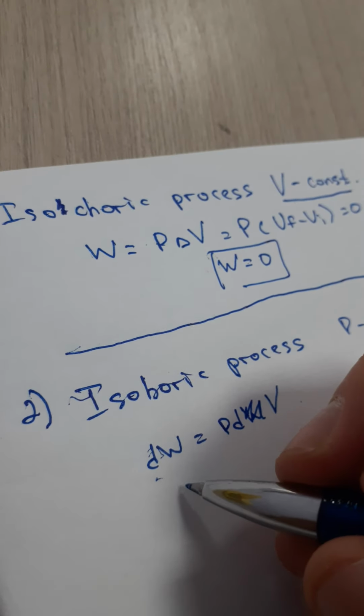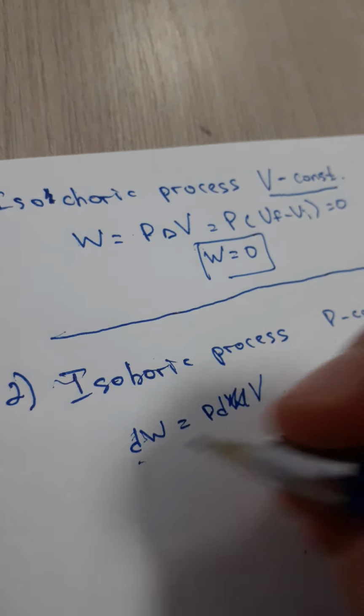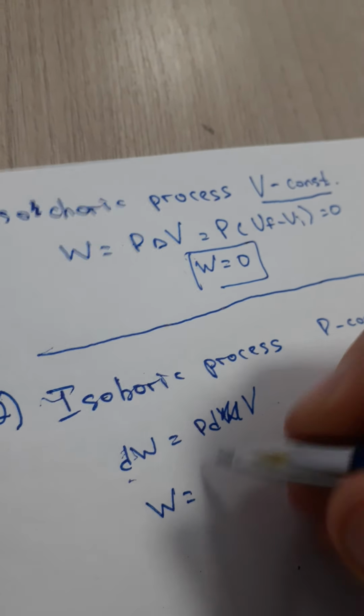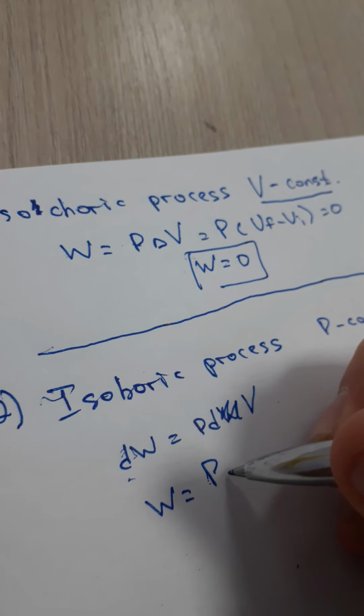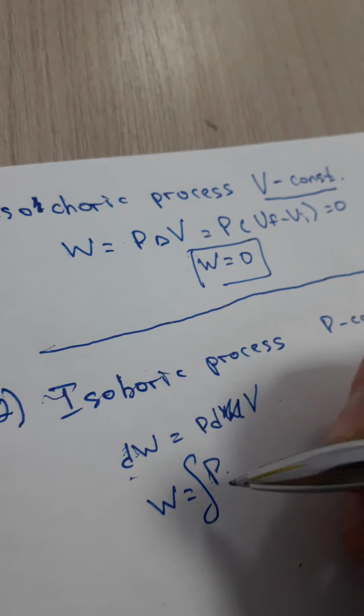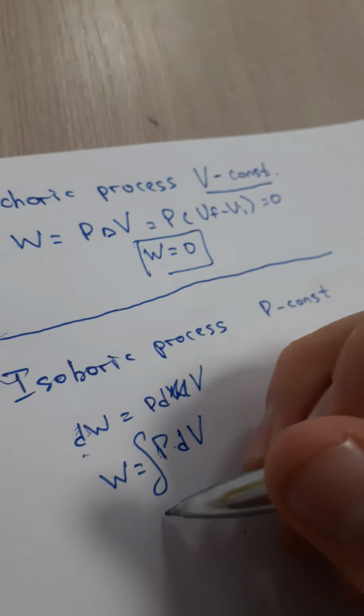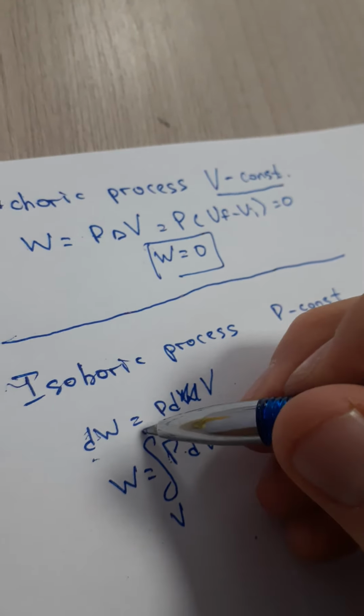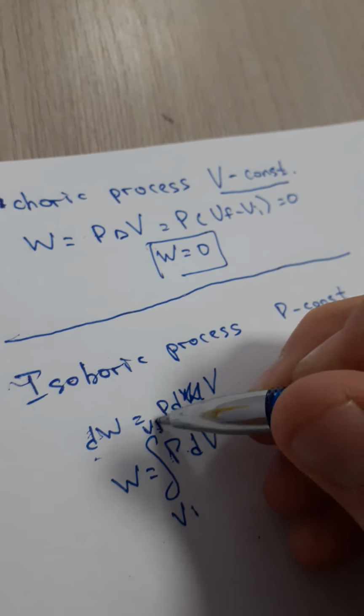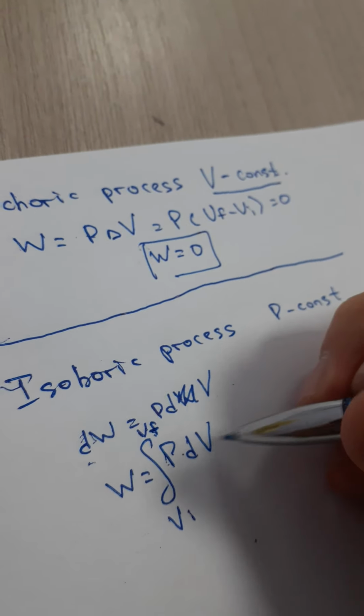differential. So here if we take the integral, work will be equal to the integral of P dV from V initial to V final. And here we know that P is a constant.